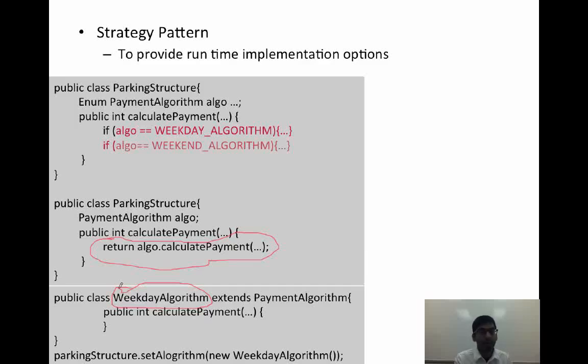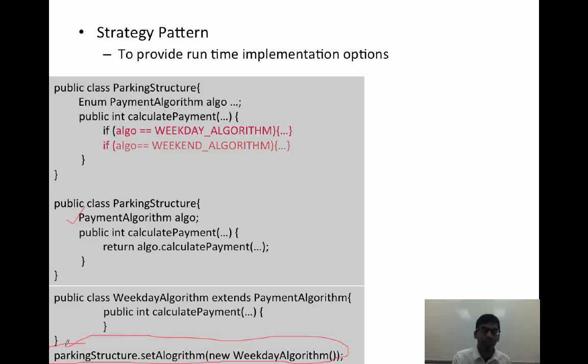I have totally avoided the if-else part here by just having an algorithm object, which could be one of the many different algorithms, and by just setting the right type of the algorithm object.